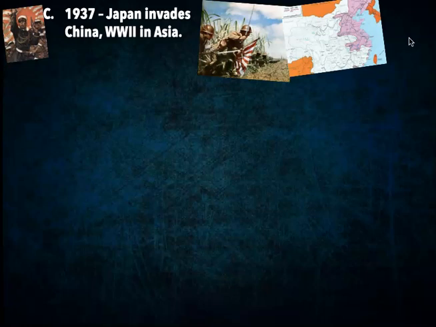The Chinese are going to be fighting hard against them. Again, this gets in the middle of that civil war that had been going on in China. This is where Mao and the communists call a truce with the KMT, and they fight together against the Japanese. Japan will never fully conquer China. They will take control of large parts of China during the war, never fully conquer the country, though.